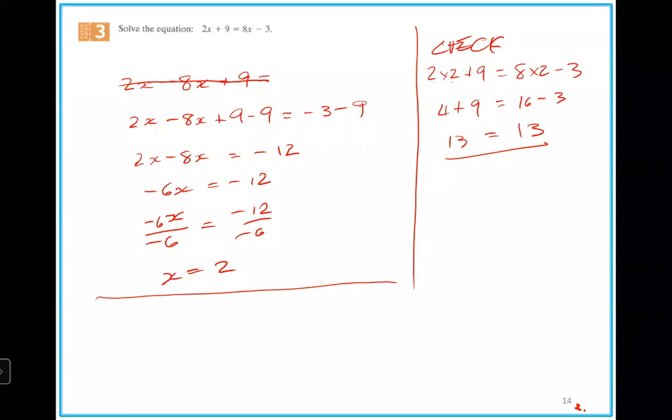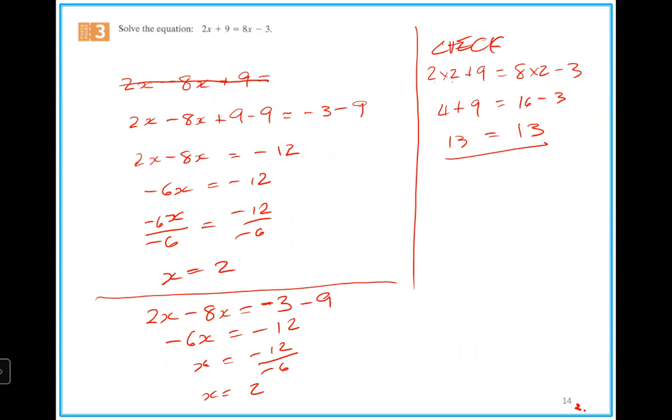Now, you could shorten your work by saying 2x minus 8x equals minus 3 minus 9. So that gives you negative 6x equals minus 12. So x would be equal to minus 12 over minus 6, x equals 2.